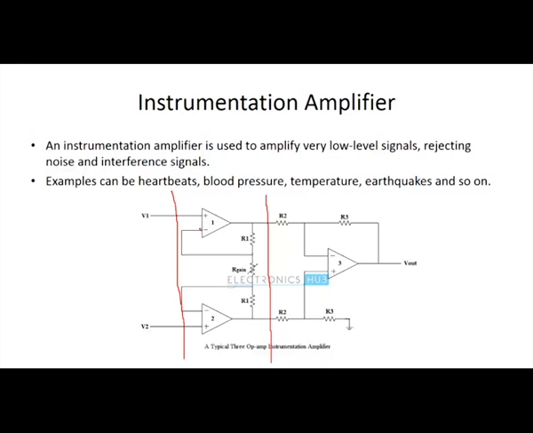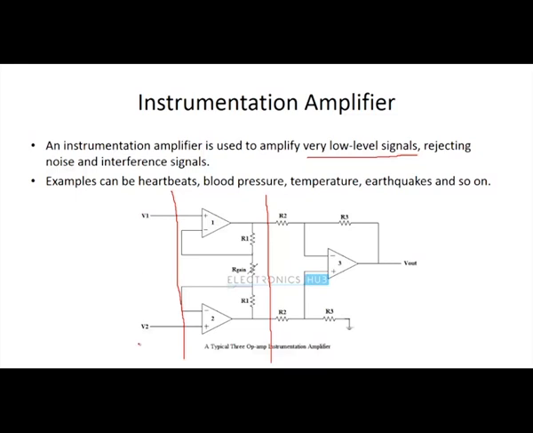This buffer connects the input signal, which may be a very low level signal, to the differential amplifier circuit. The differential amplifier then amplifies the difference between the low level voltages V1 and V2.